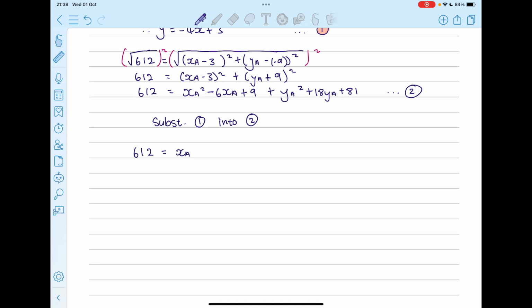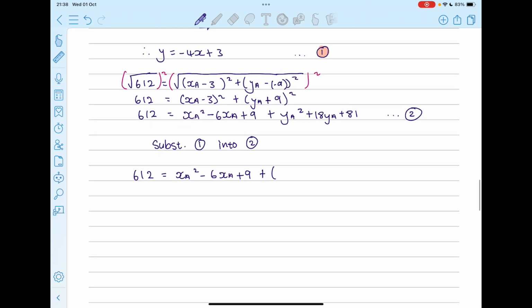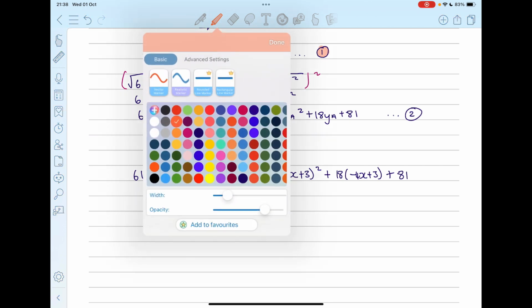612 is equal to x_A squared minus 6 x_A plus 9 plus, here we've got minus 4x plus 3 squared plus 18 times minus 4x plus 3. Okay, this question is long. Plus 81. Okay, now it's time to just simplify. And at least now we've got our x's.